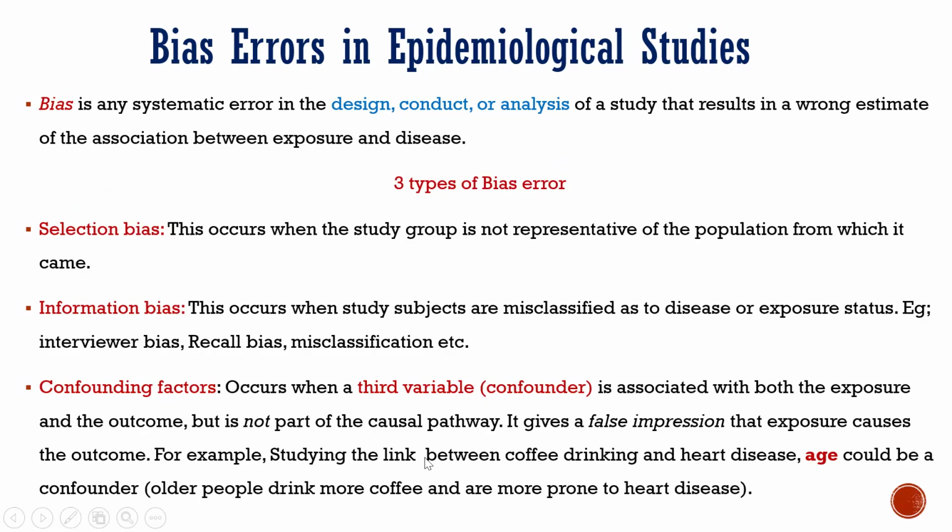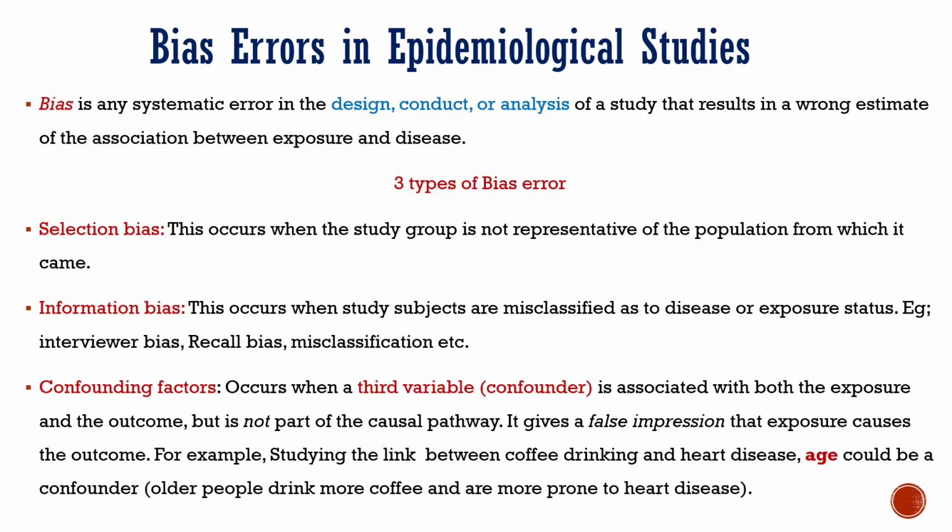For example, studying the link between coffee drinking and heart disease. A lot of times people say if you drink coffee too much, it always causes heart disease. But age could be a confounder in the sense that older people drink more coffee and are more prone to heart disease. Do you understand? So confounders are those variables, those intermediate variables, that are always associated with exposure and outcome.